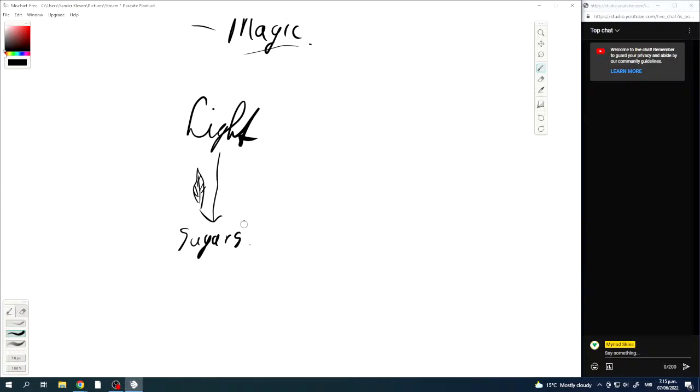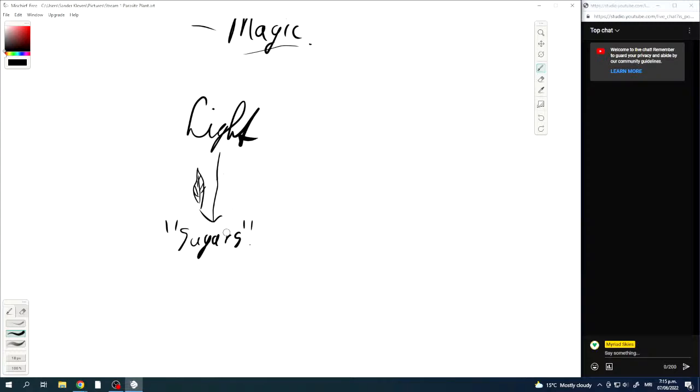I'm going to add quotation marks to sugars because I'm not entirely sure if this would actually be sugars, but for all intents and purposes, it's sugars. It works vaguely the same. They're basically just structures which happen to be usable as energy.